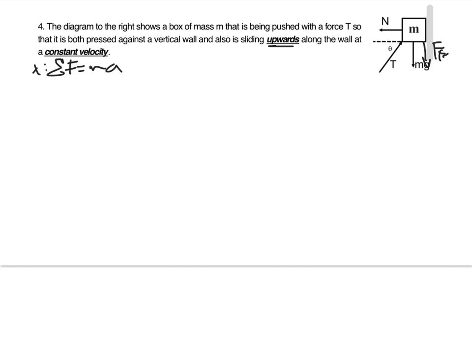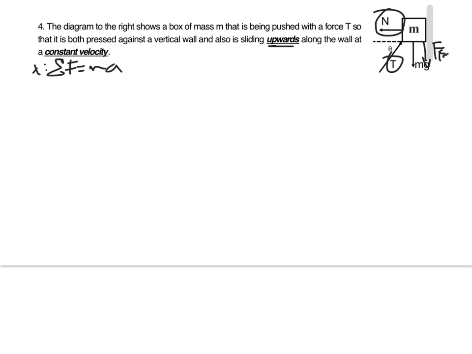And in the x direction, I've got this normal force, and I've got some component of this applied force T. So my x direction force is going to be T cosine of theta.